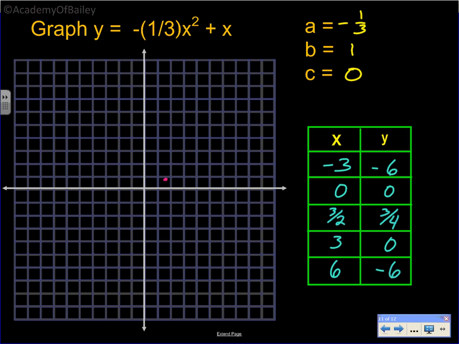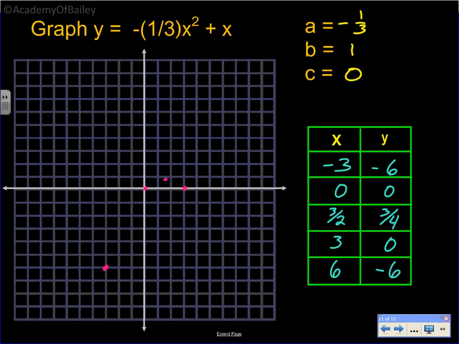The next point is the origin, which is 0, 0 and 3, 0. And then we also have negative 3, negative 6. So it means to the left 3, 1, 2, 3, and down 6. 1, 2, 3, 4, 5, 6. And then we have 6, negative 6. 1, 2, 3, 4, 5, 6.